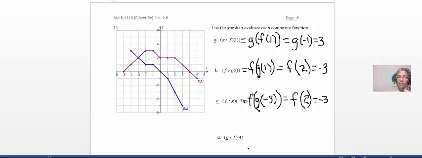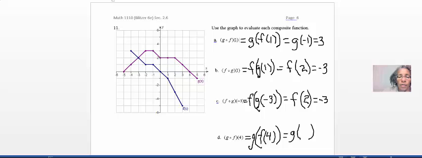All right, let's find g of f of 4. So I take 4 and put it as input to f. Whatever that gives is now my input to g. So actually, let's go to the graph and find out when x is 4, what is g? I see that g is 0. Notice that this is the point (4, 0).